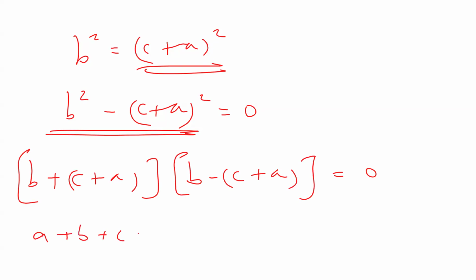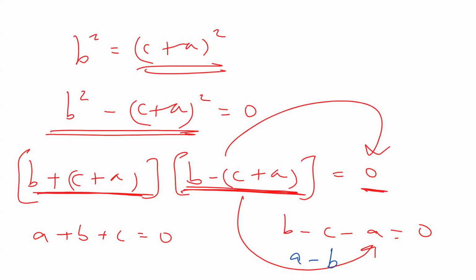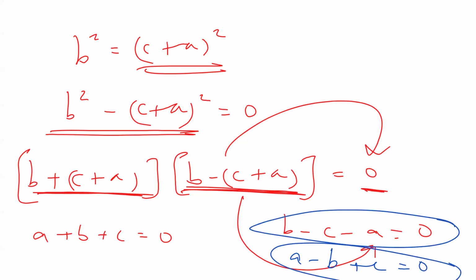So a plus b plus c equal to 0, this bracket equal to 0. Then this bracket equal to 0: b minus c minus a equal to 0. When you open the bracket, a will also be negative. In the worksheet, they have given a minus b plus c equal to 0. This and this are the same; take the minus sign common and you'll get this. But there is no need of that worksheet answer. You can stop over here.